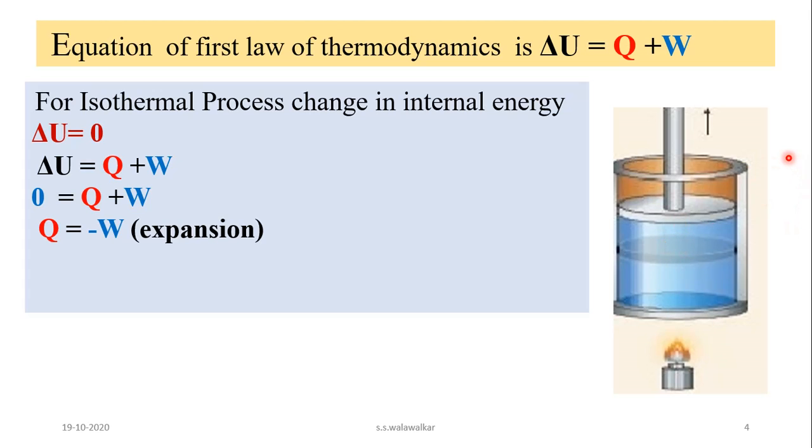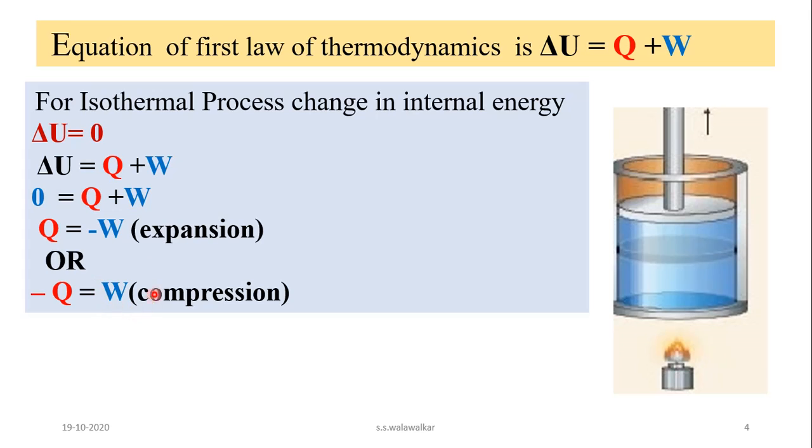If you keep the temperature constant, whatever heat is supplied is utilized for the expansion of the gas. So Q is equal to minus W. This negative sign indicates that expansion takes place. Or you may write it like this also: minus Q is equal to W.